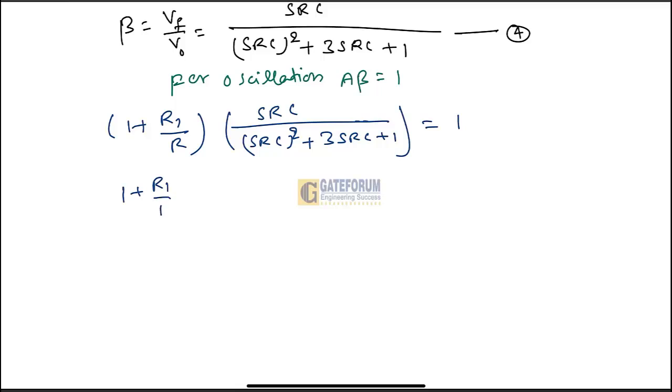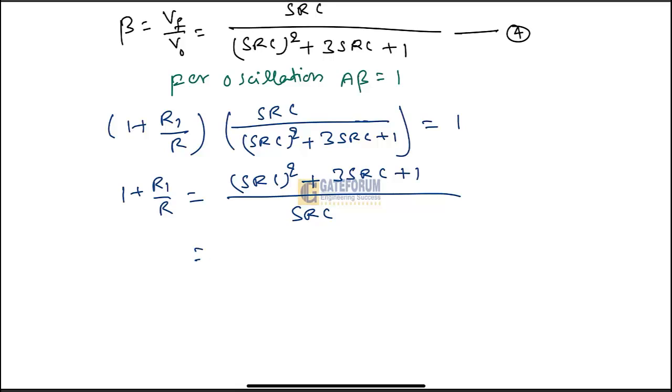1 plus R1 by R is equal to SRC square plus 3SRC plus 1 divided by SRC. If we perform this calculation, this will give SRC plus 3 plus 1 by SRC.